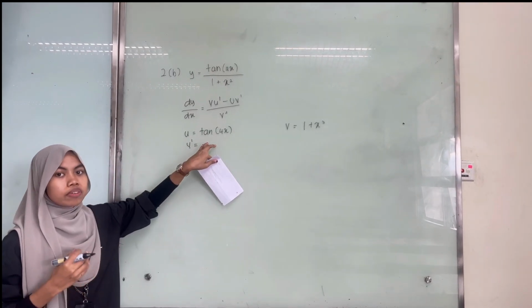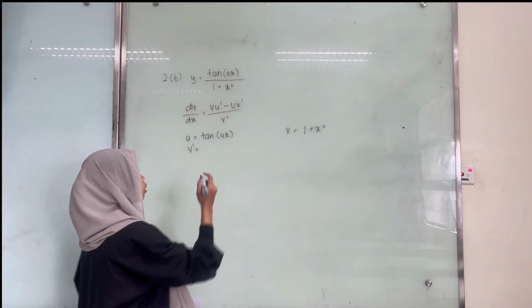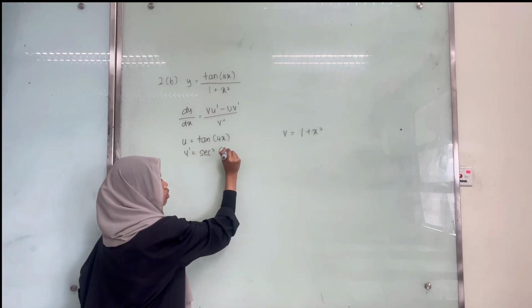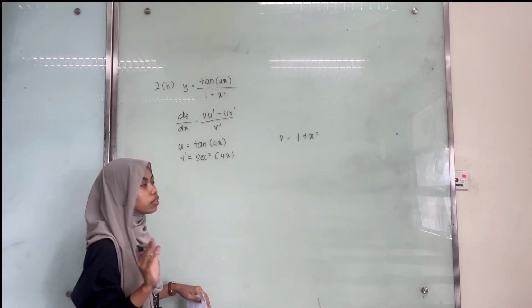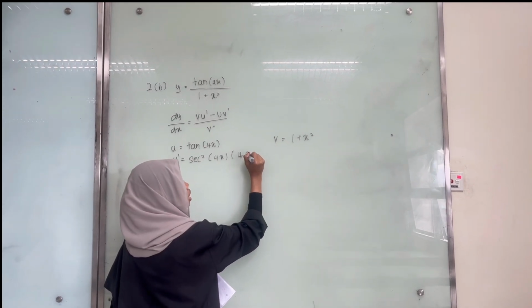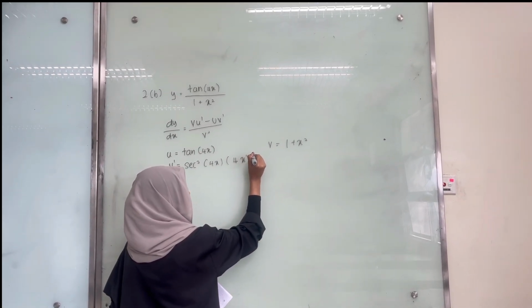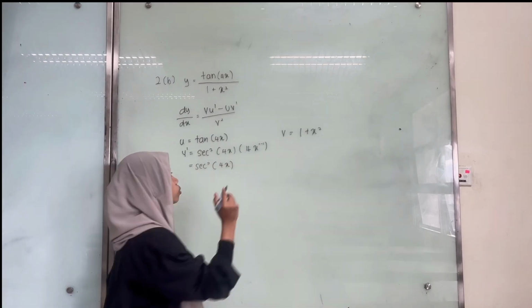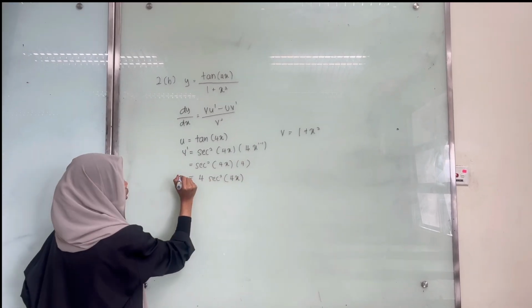If we differentiate tangent, it will become secant squared. So it will become secant squared of 4x, and then don't forget to differentiate what's inside the bracket. So it will become 4x to the power of 1 minus 1, and simplify it. This is our u prime.